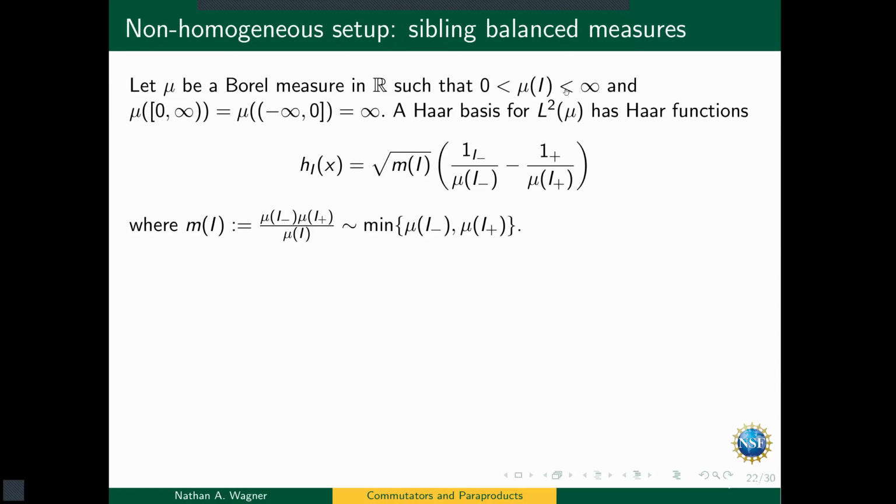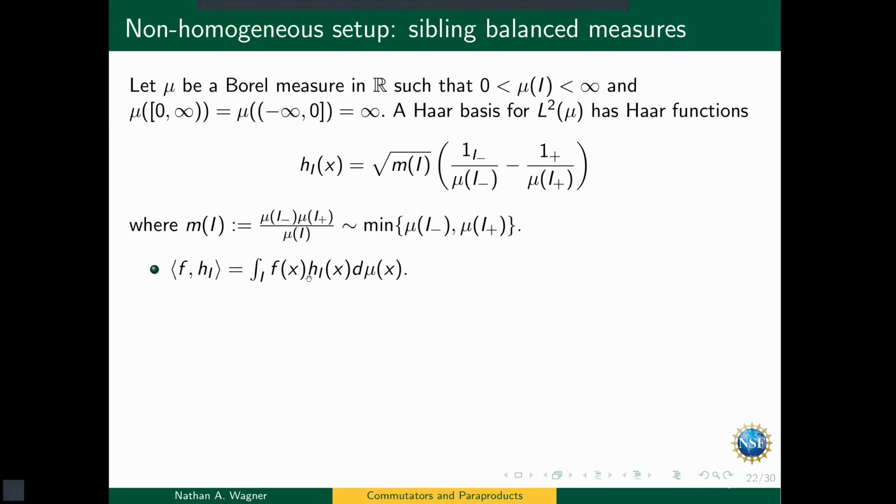And this m of I quantity, if you just compute what the normalization is, you get that it's equal to the product of the mu measures of the two children intervals, mu of I minus times mu of I plus, divided by mu of I. And a moment's thought will convince you that this is comparable to the minimum mu measure of the two children.